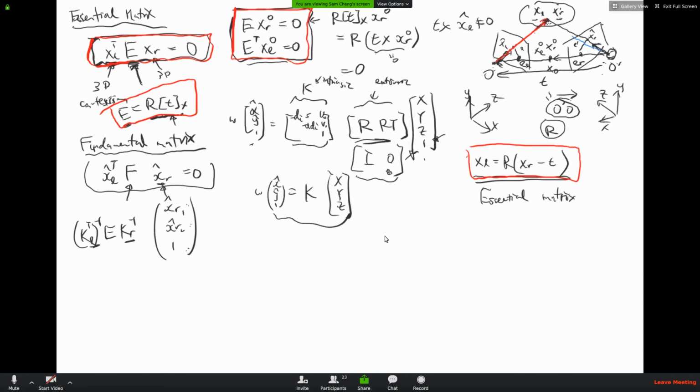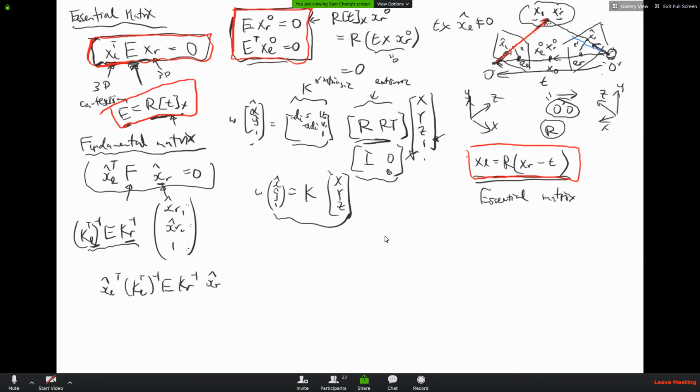So let's just quickly show this. Say if I have F equal to this one here, so therefore I have XL hat transpose times KL transpose inverse E KL inverse times XR hat.